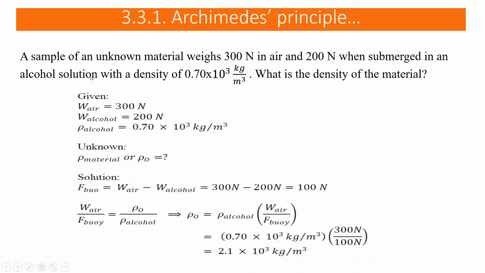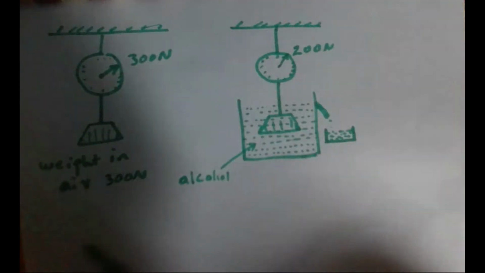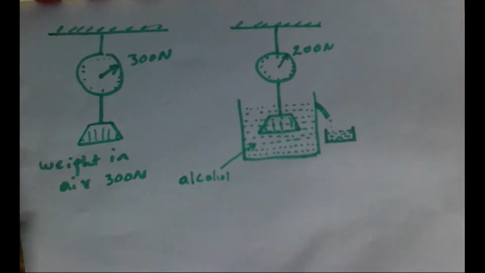Like the previous example, when you submerge it into the alcohol solution, you get a smaller amount of Newton. The rho value of this alcohol is 0.7 times 10 raised to 3 kilogram per meter cubed. Now we are going to find the rho value of this unknown material, and I will show you step by step. To solve that question, we can consider this.